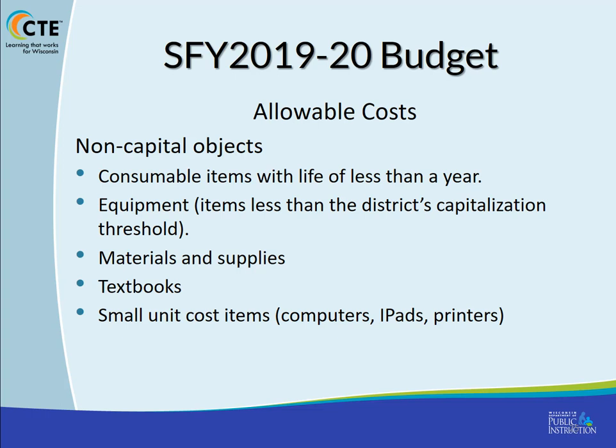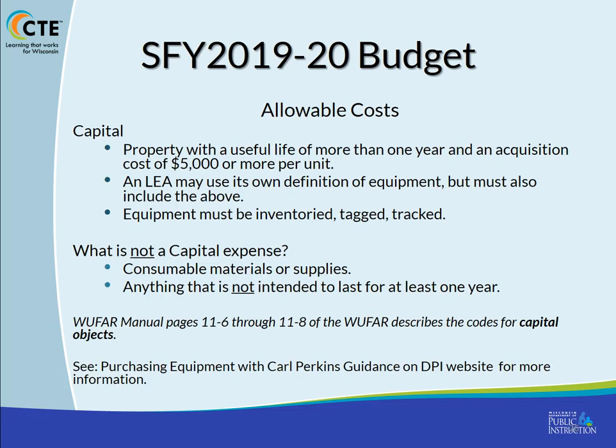The amount of your budget that goes toward consumable supplies should be minimal, making up a very small percentage of your budget. Capital costs are those things above the $5,000 threshold and that have a life of more than a year. Guidance related to equipment purchases and the requirements for documentation records and disposal are available on the DPI website.